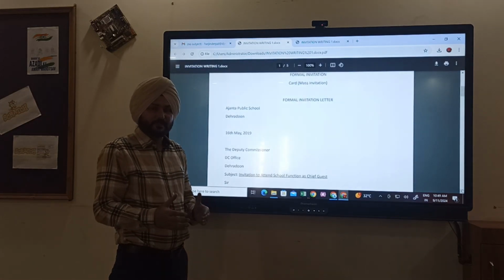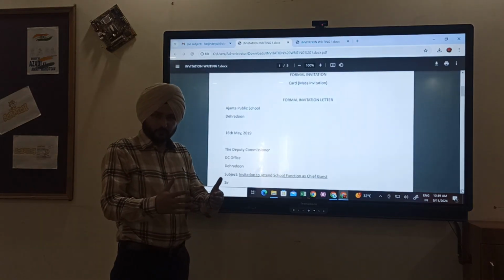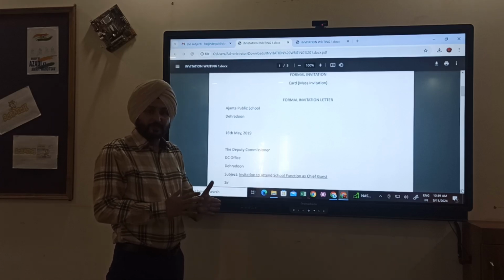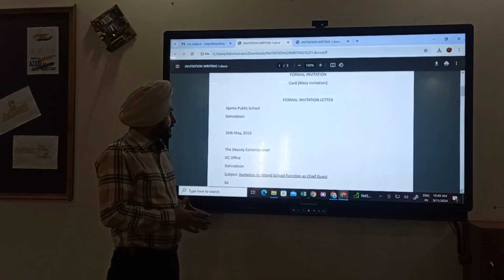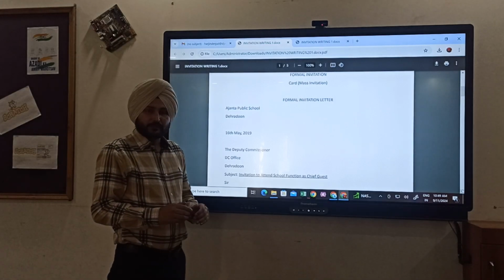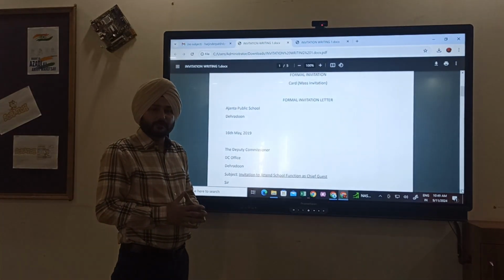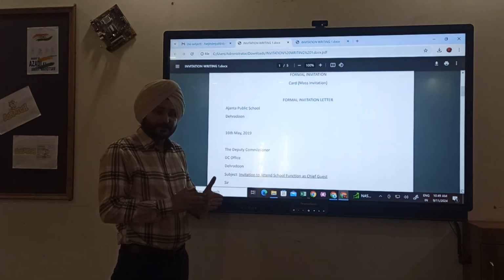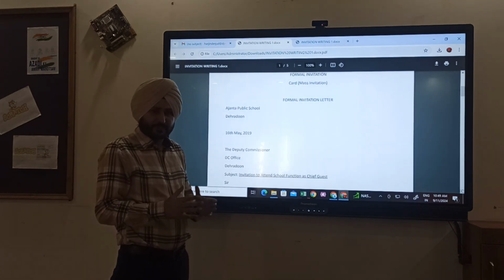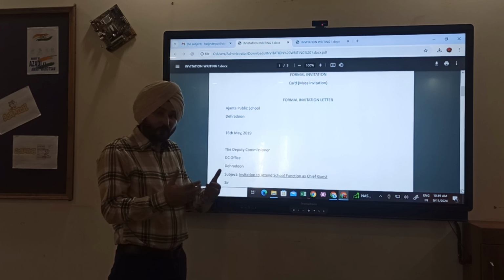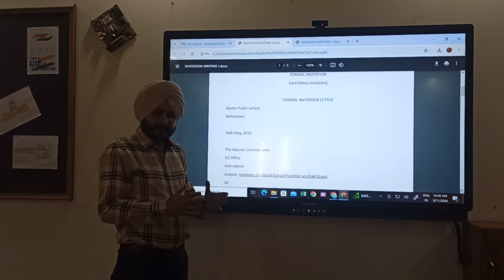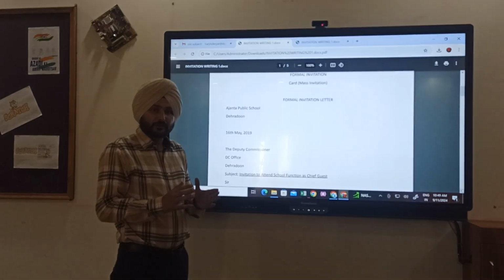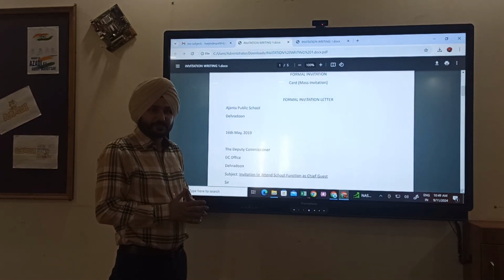For instance, let's suppose your school wants to invite a chief guest. A card will be made and sent. The second type of invitation is a formal letter, and that invitation is always sent to one person at a time. Just like, as I said, if we want to invite the guest for a function, the guest will receive a letter as an invitation.